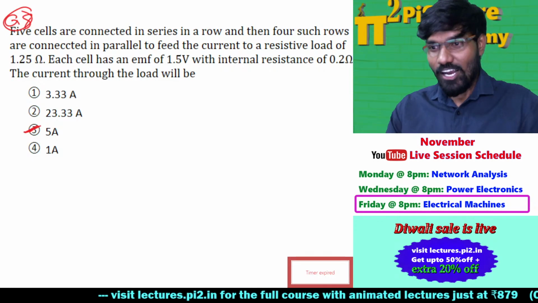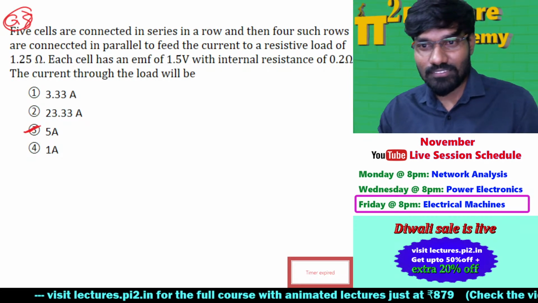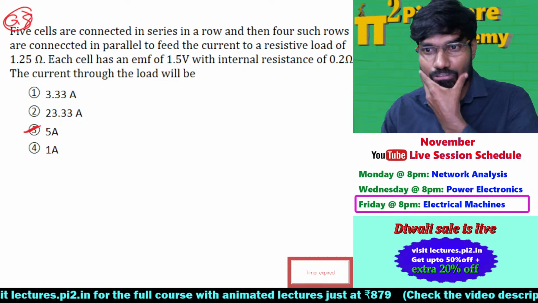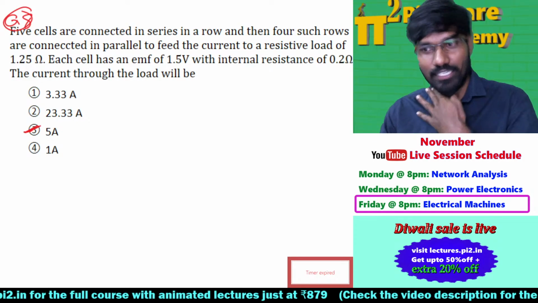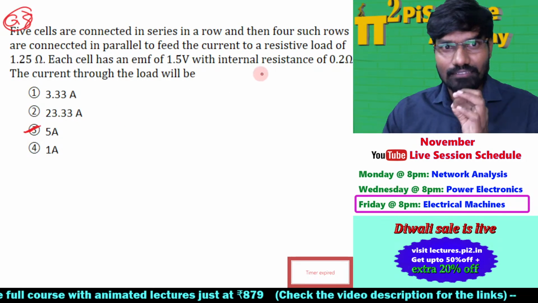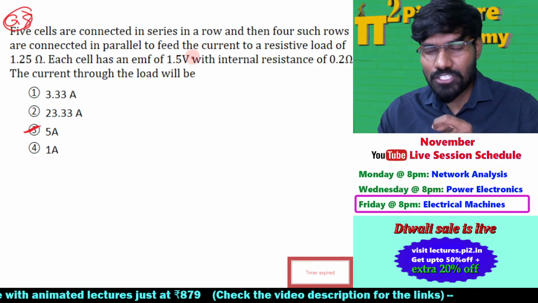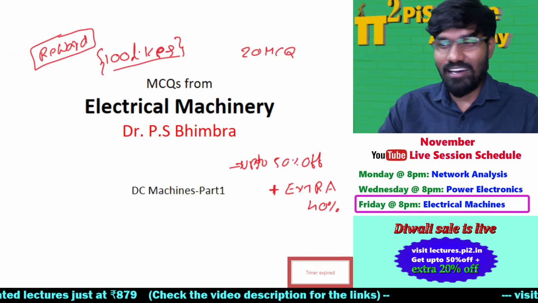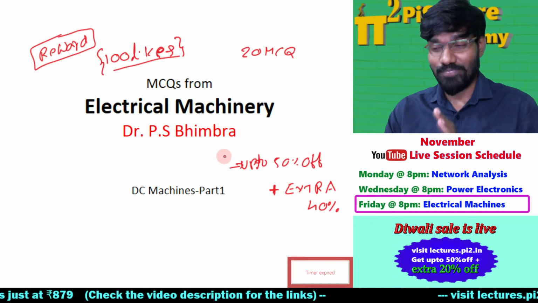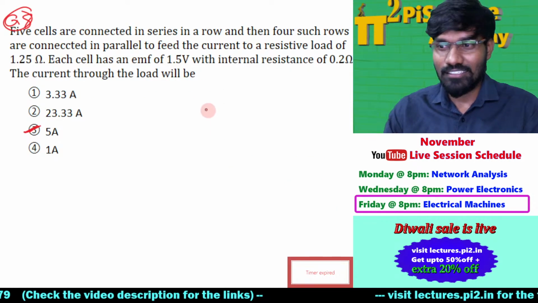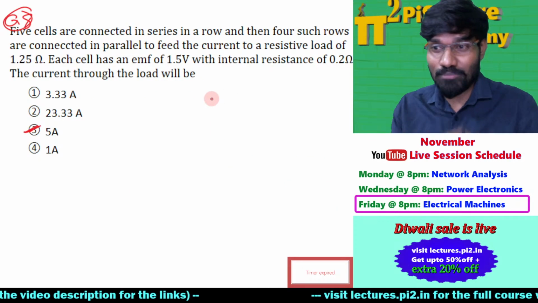Okay, let me come to the answer. It seems to be a network question, but see how nicely this Bhimbra question, the networks question, is related to DC machines.